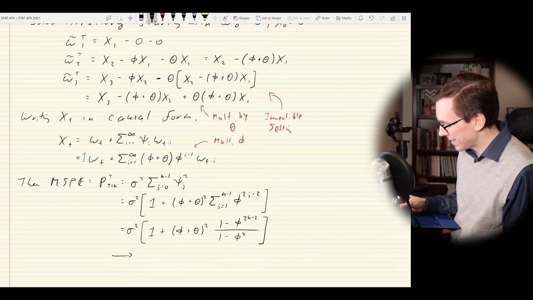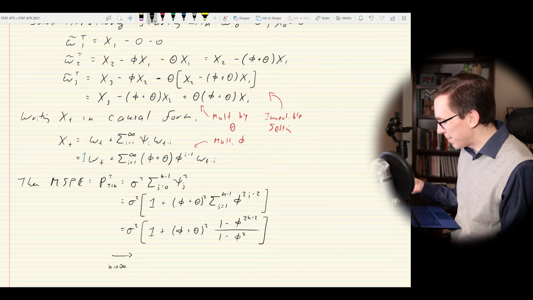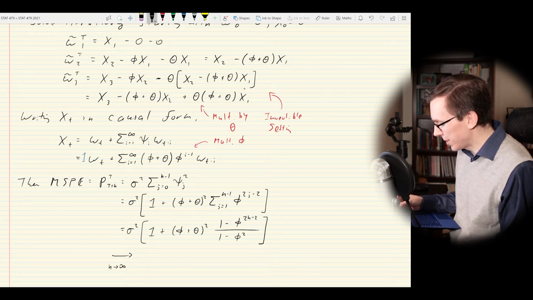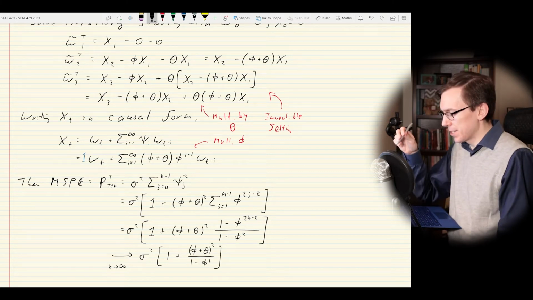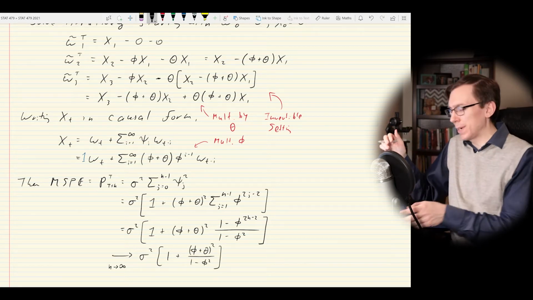And as we take h to infinity, what happens? Well, this top thing vanishes and we end up with 1 plus phi plus theta squared divided by 1 minus phi squared, as desired from way back when we talked about this stuff.